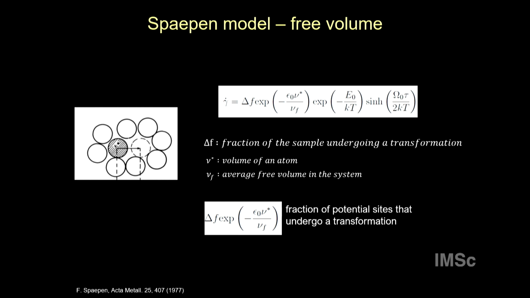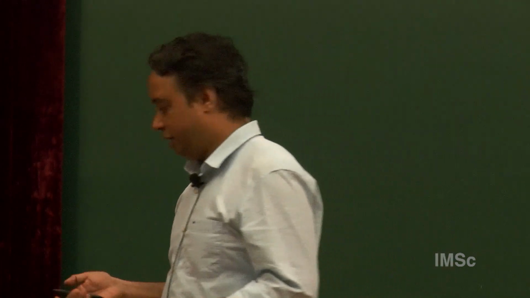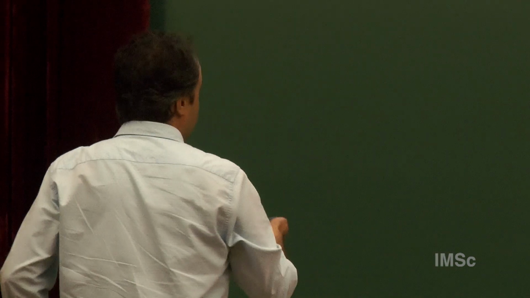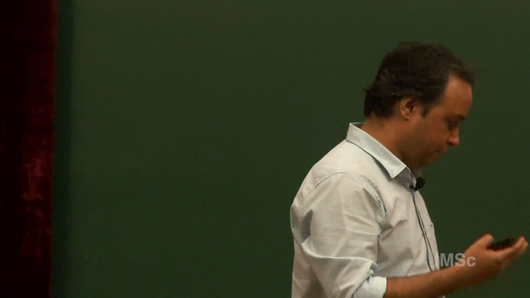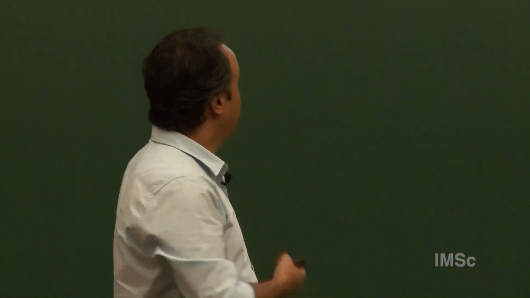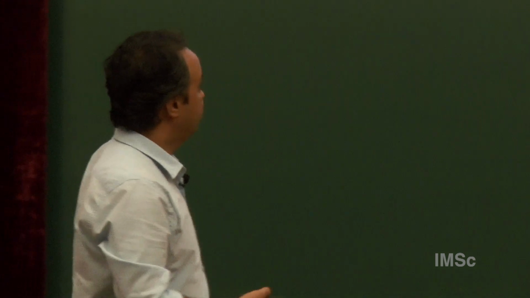Essentially, an atom should have sufficient free volume to undergo rearrangement. This was an important element, and was very popular for a long time. However, the relation between shear and free volume has not been successful so far. So this is still a topic of research.